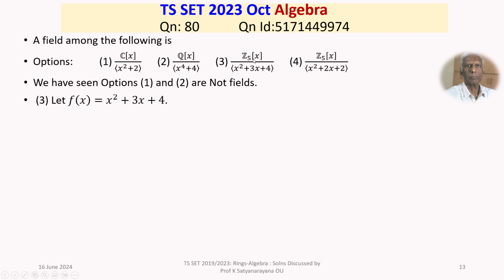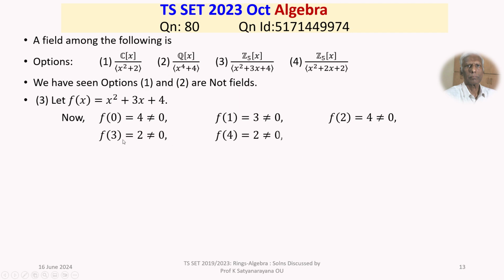Let's look for the roots in Z5. f of 0 is 4, not equal to 0. f of 1 is 1 plus 3 plus 4, 8 modulo 5 is 3, not equal to 0. f of 2 is 2 square plus 2 plus 4 modulo 5 is 4, not equal to 0. f of 3 is 2, not equal to 0. f of 4 is 2, not equal to 0. So therefore, f of x is irreducible over Z5.